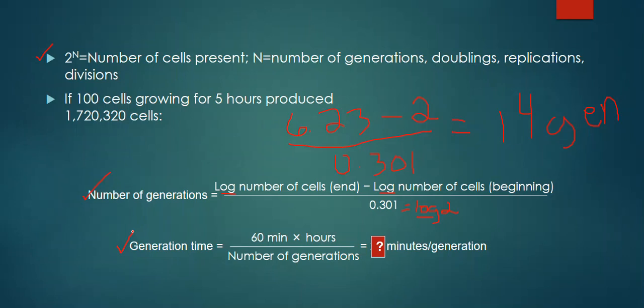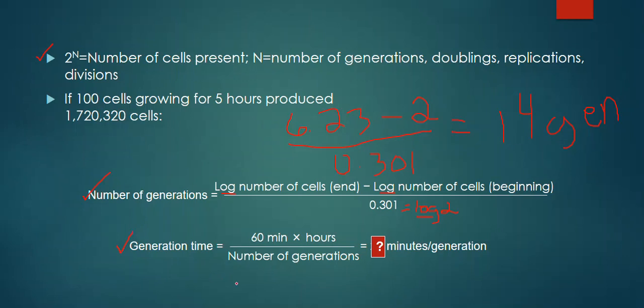Some things are a little bit slower, like tuberculosis, which can have a generation time of up to 48 hours or something like that. So generation time differs. But we can take our understanding that one cell becomes 2 and we can figure out how long the generation time is.